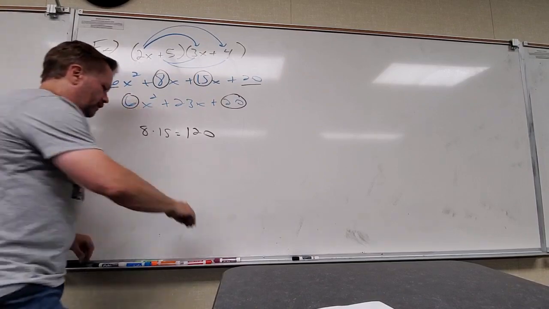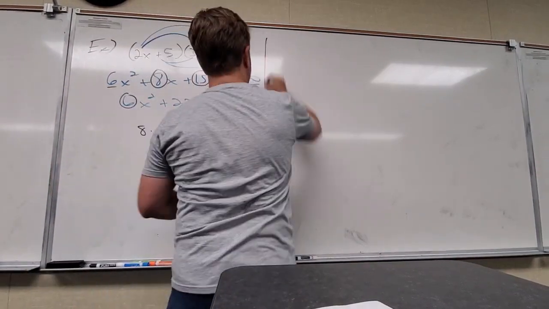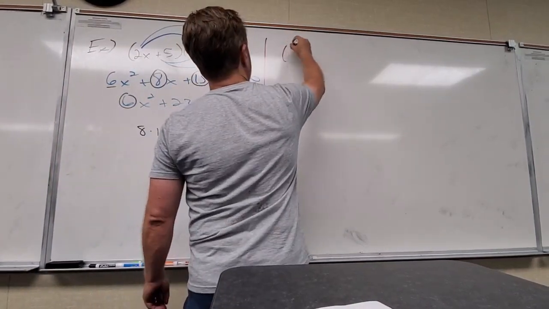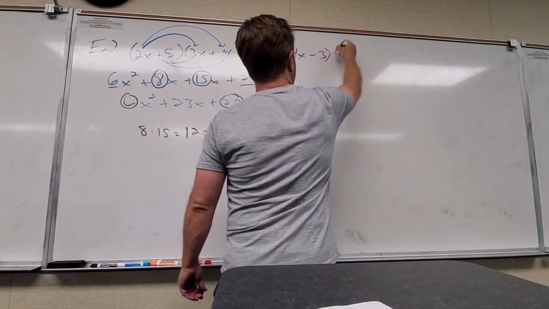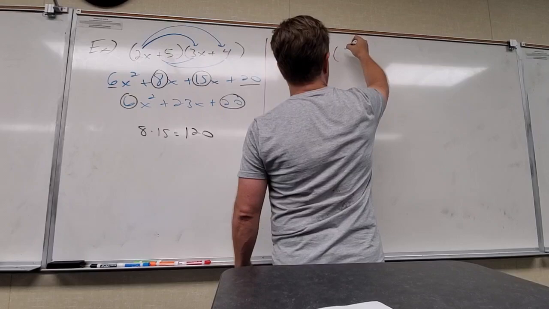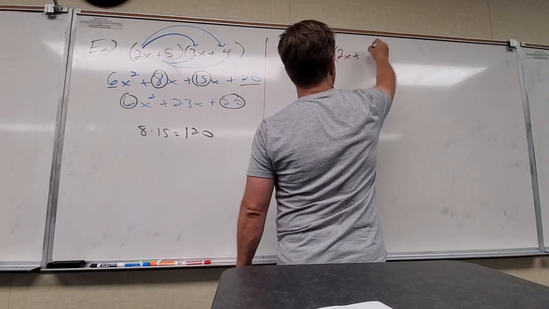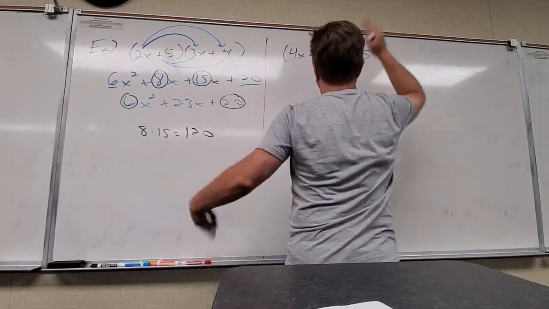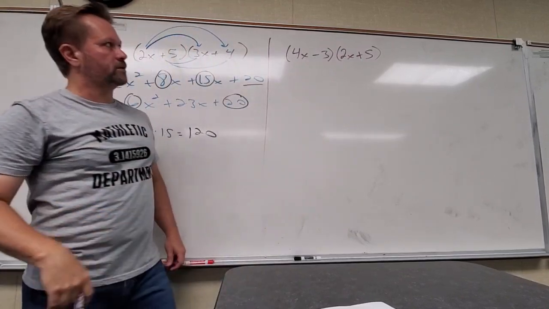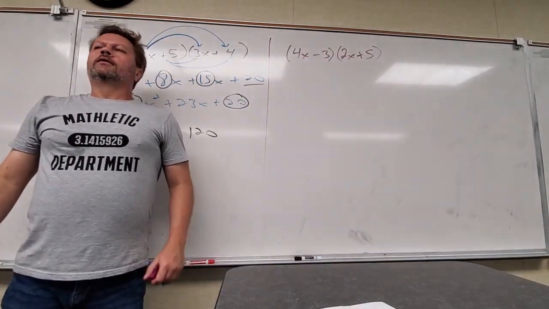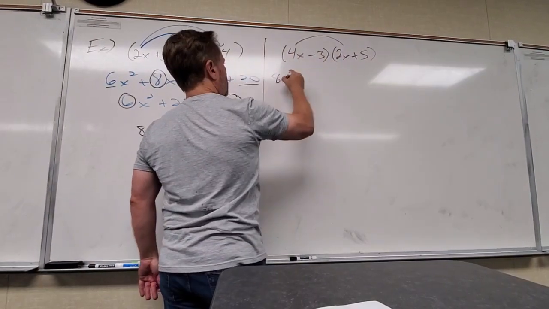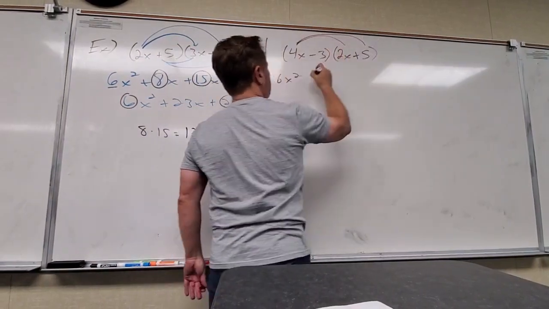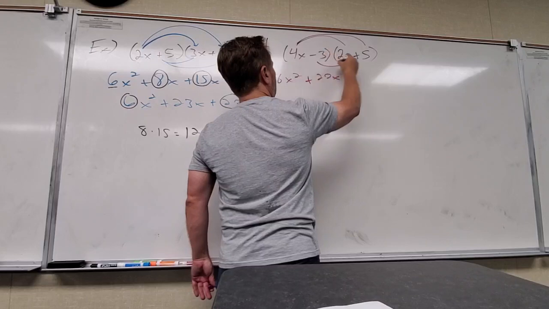Let's put some negatives in there, see what happens. So that's a little different. I just have my favorite numbers of the day. So if I FOIL this out, I'll get 8x squared plus 20x minus 6.